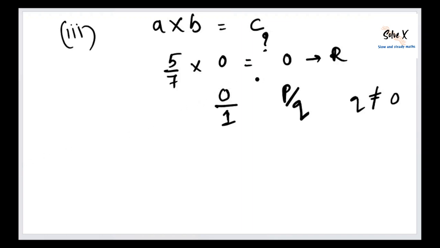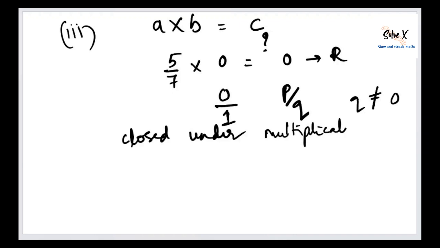So 0 is a rational number. So it is closed under multiplication.